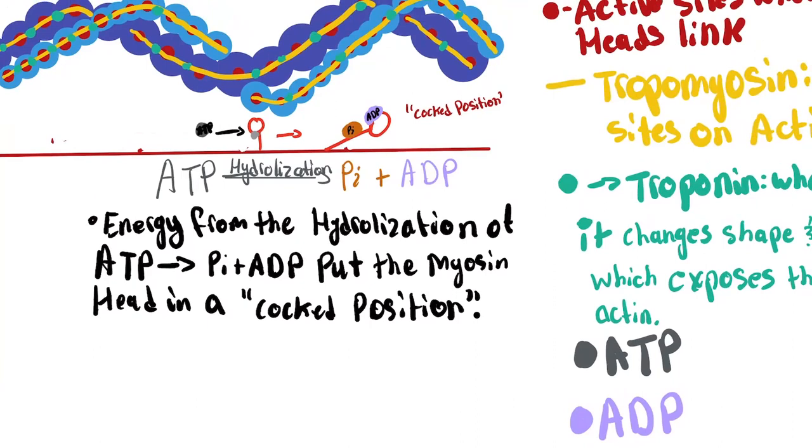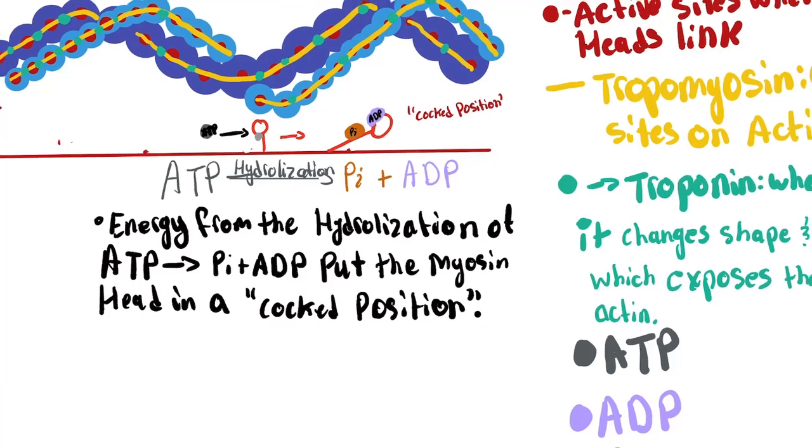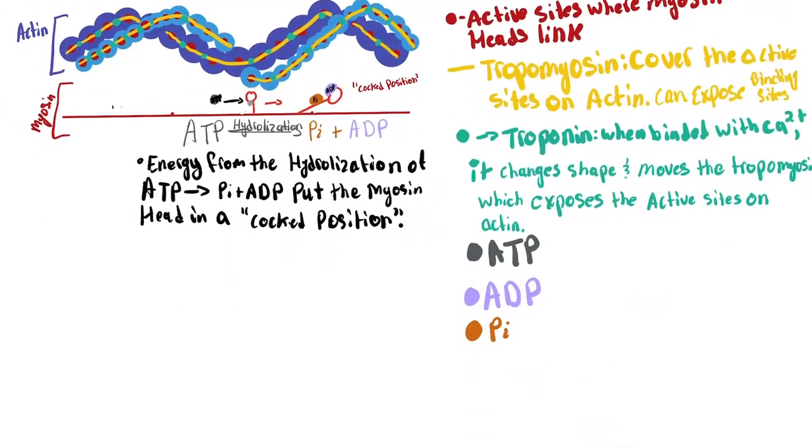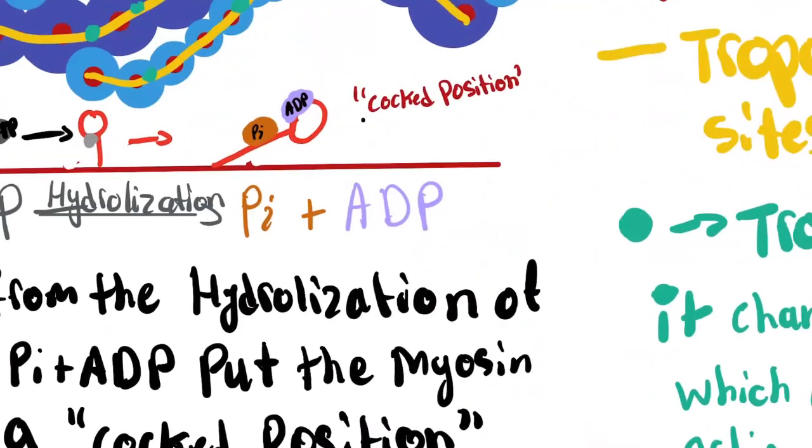So it's cocked back, and now it's ready to connect to the actin filament, and then it's going to push it in order for contraction to happen. In other words, you can call this high energy.